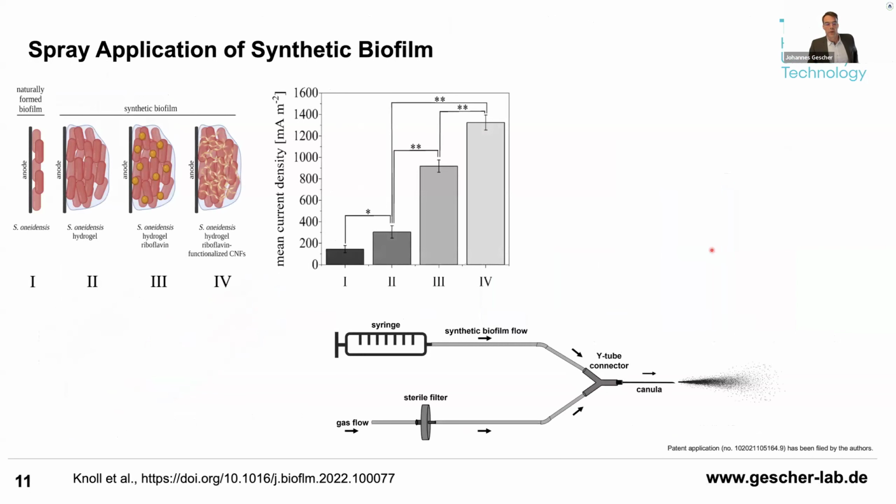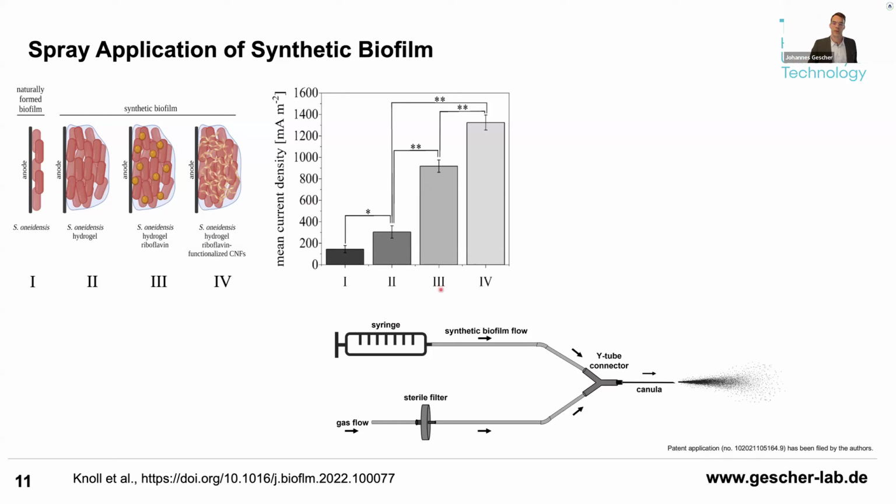Another way to increase process efficiency is not to use natural biofilms, but synthetic biofilms. What we do in terms of synthetic biofilms is that we spray biofilms with a very simple spray gun on the surface of, for instance, an anode. If we do this in a hydrogel, we can also functionalize these hydrogels so that they contain, for instance, carbon nanofibers, which are functionalized with riboflavin, an organic redox shuttling molecule.